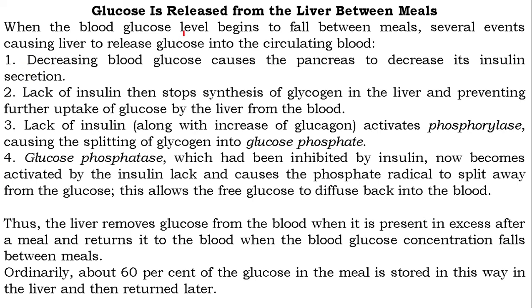And when the glucose is not there in the circulation, you know that insulin is not produced, and that way glycogenolysis is taking place, and glucose molecules formed are in the form of glucose 6-phosphate.